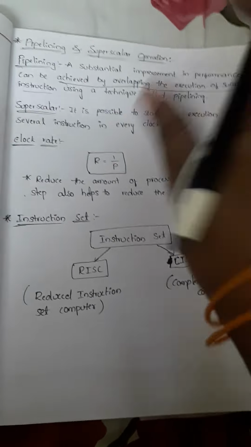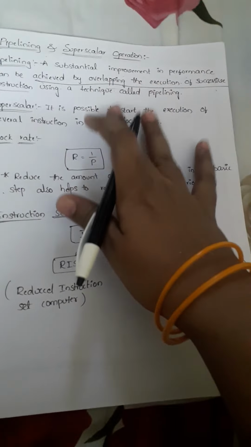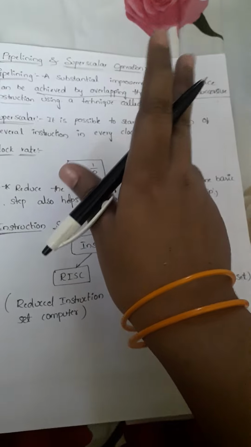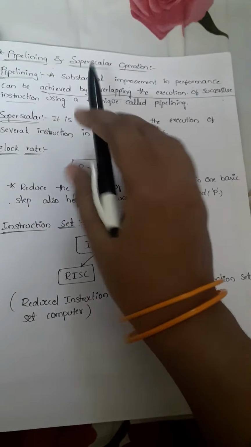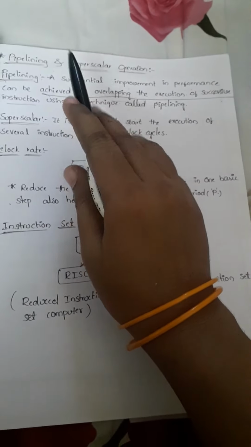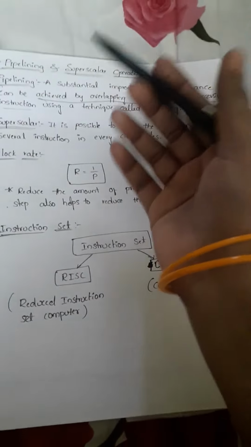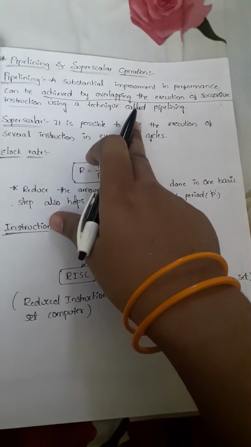So here the loading of the next instruction and execution of the current instruction happen in the same duration. That means at a time two operations will be done here. That's the reason overlapping happens.